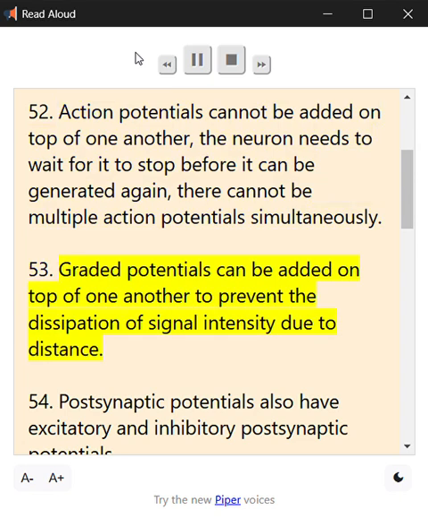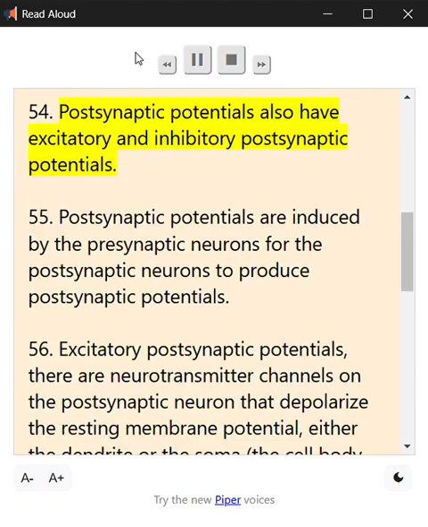53. Graded potentials can be added on top of one another to prevent the dissipation of signal intensity due to distance. 54. Postsynaptic potentials also have excitatory and inhibitory postsynaptic potentials. 55. Postsynaptic potentials are induced by the presynaptic neurons for the postsynaptic neurons to produce postsynaptic potentials. 56.